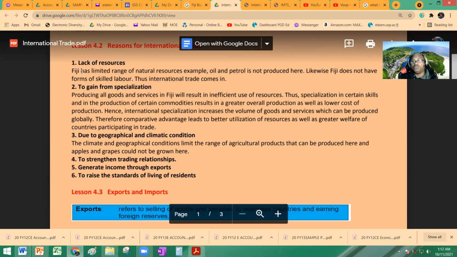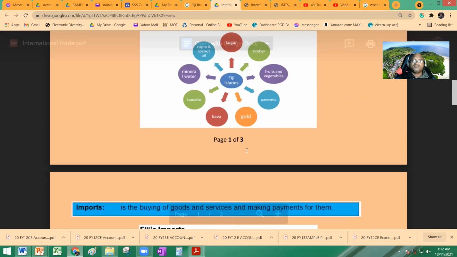There are resources that we have, they don't have. That's why we have to export it to them. Or to strengthen relationship with Japan. No, we are buying cars from Japan. So I've answered the first one for you.